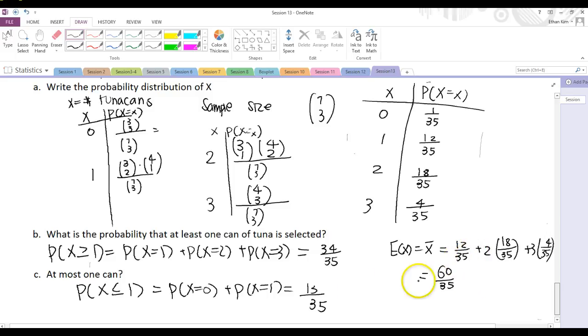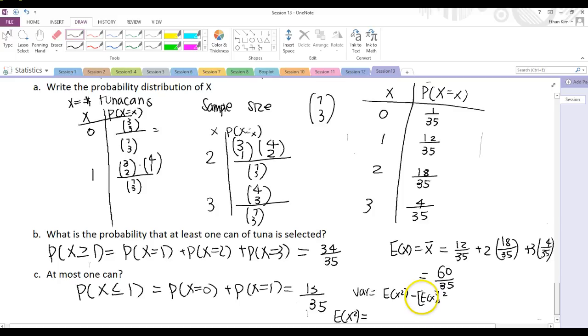And since we have this, we're going to use this to find variance. And again, variance is the second moment minus the expected value, the whole thing squared, right? So now we have to look for the second moment.